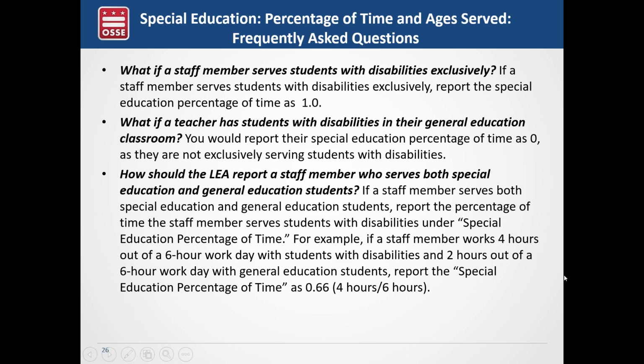But if they are working at least some of their time with people who are up to 21, so if you have 20 and 21-year-olds in the class, then that amount of time would need to be reported in the 6 to 21-year-old bucket. So you do not need to complete that column, but you do need to complete the FTE column, correct? You would still complete the FTE column because they're still a teacher of adult students. You would put a 0 or leave it blank for the students with disability section.